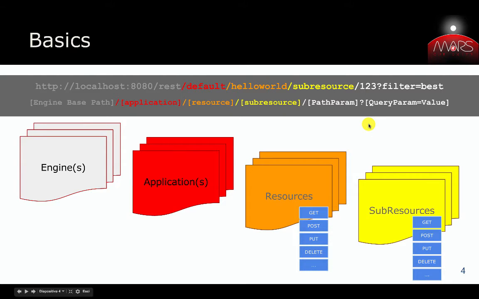As I said in a previous video, Mars Curiosity provides you an abstraction over the HTTP protocol and some of its internals and concepts. While implementing your application server, you will end up dealing a lot with requests made by the client, which are matched by the Mars engine automatically against your resources and sub-resources.